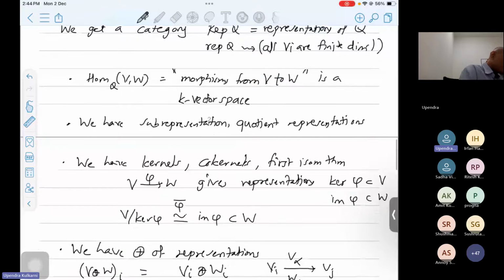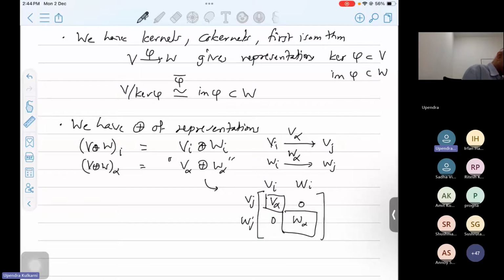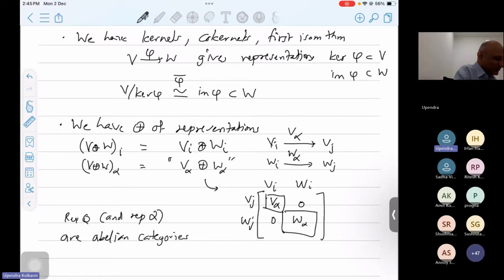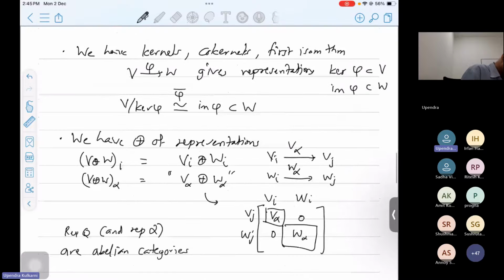One way to put everything that I have written over here in one term encapsulating is that representation of Q, and rep Q, are abelian categories.